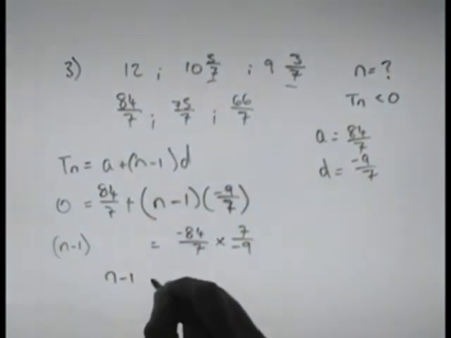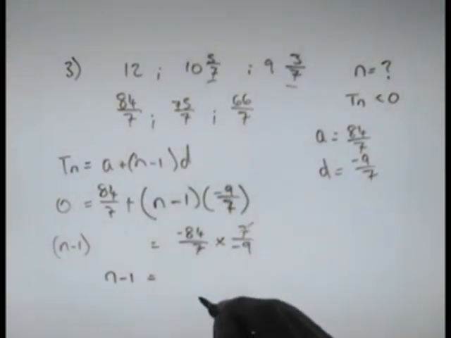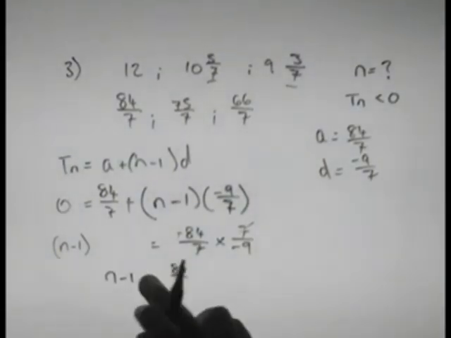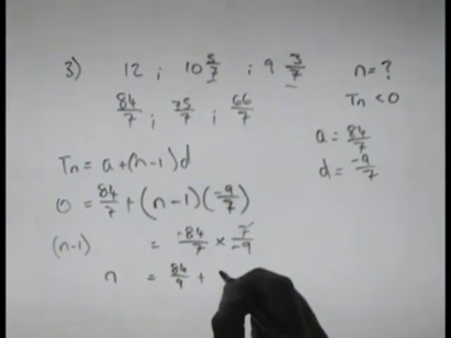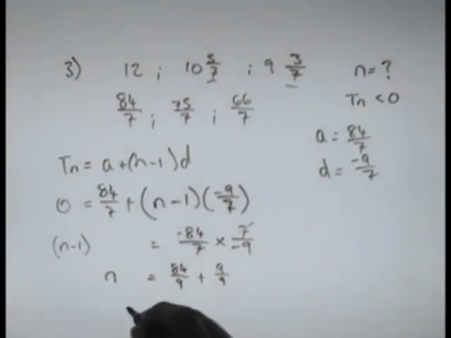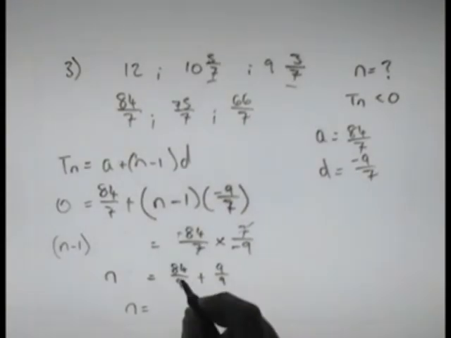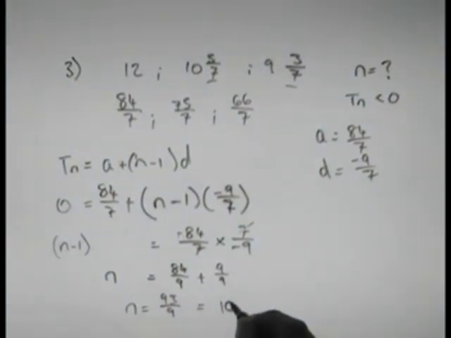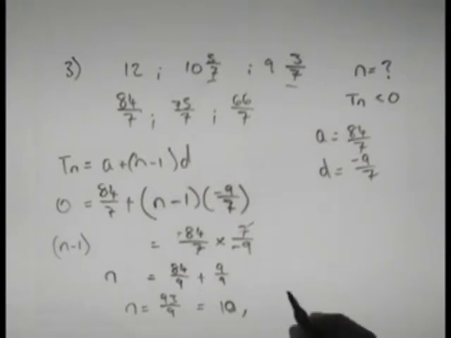That means that n minus 1 is equal to, those 7's cancel, negatives cancel. That means that we're left with 84 over 9. Take that 1 across, it becomes plus 1 or plus 9 over 9. That means that n is equal to 93 over 9, which is the same as 93 divided by 9, which is 10.3 recurring.